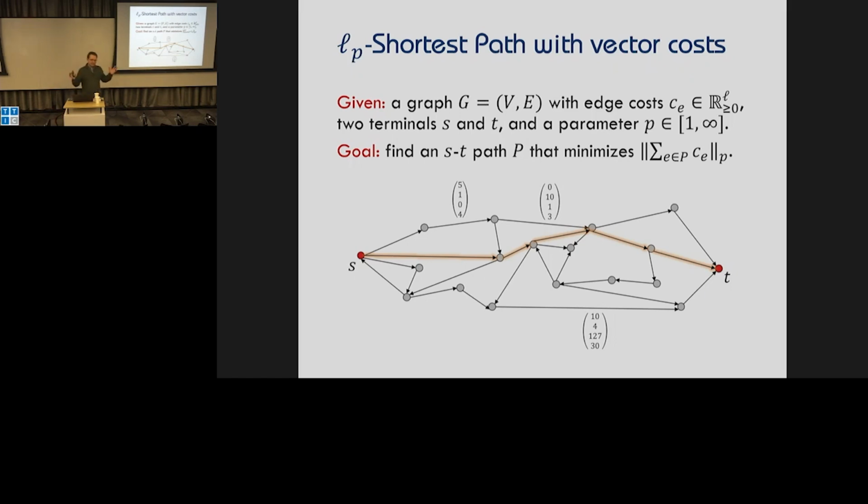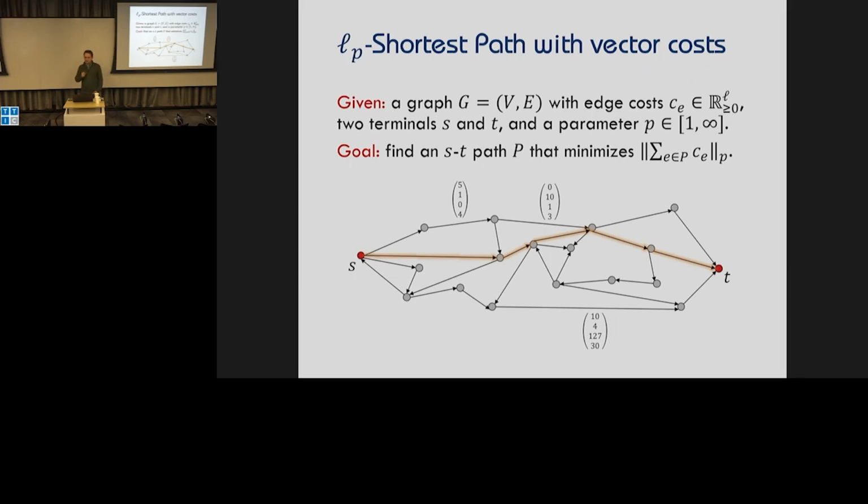As in the standard version of the problem, we are given a graph G on a set of vertices V with a set of edges E. Also, as in the standard variant, every edge e has an associated cost c_e. However, now costs c are no longer scalars. Instead, they are vectors in some high-dimensional space.